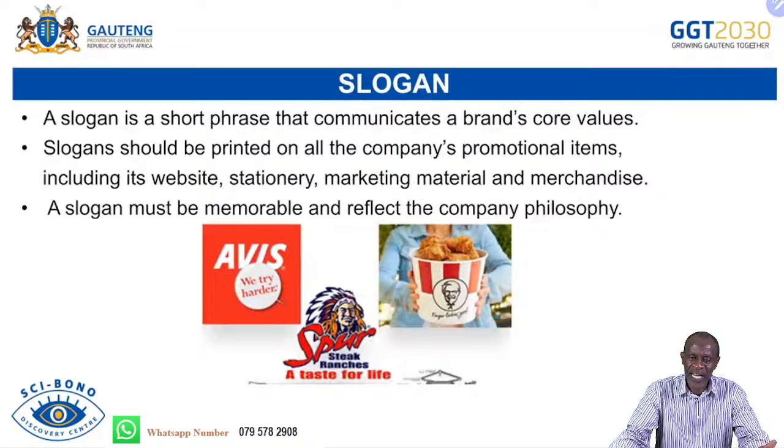It's finger licking good. You'll know that they are referring to something else, that is KFC. I'm loving it. You'd identify the slogan with McDonald's. So these are some examples of phrases that express the core values of a business.